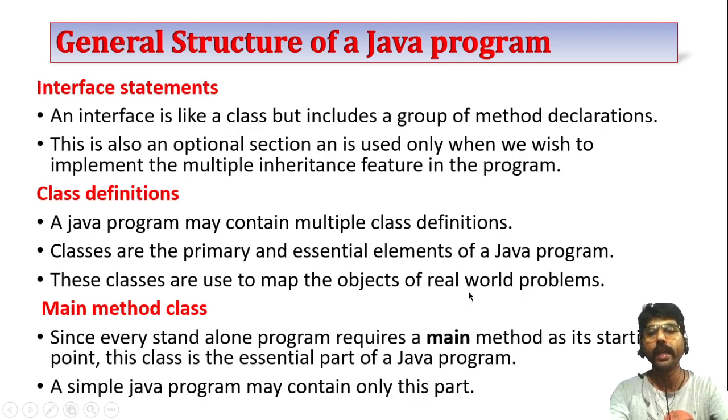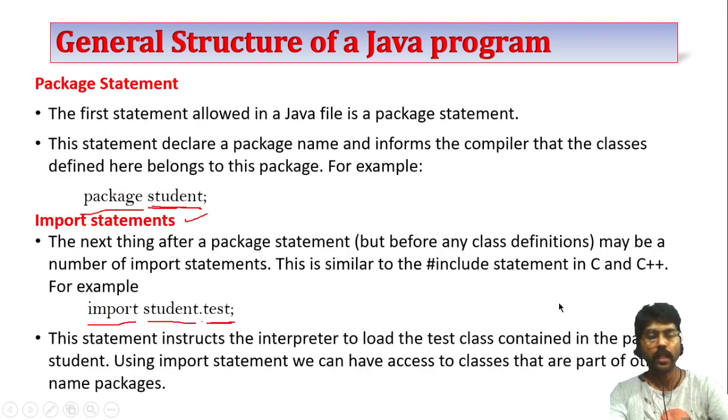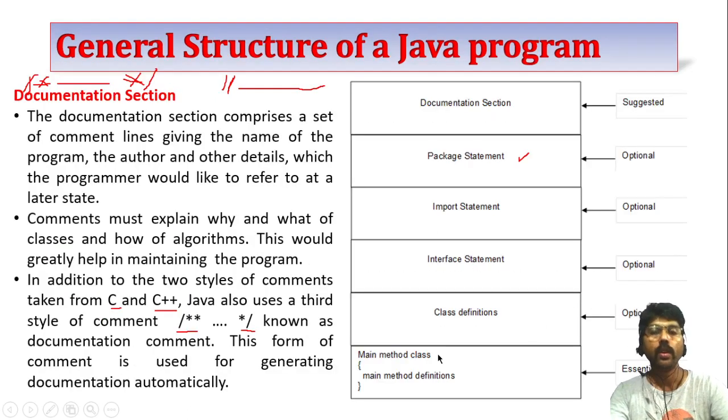So I need at least one class which contains the main method. So this is the essential part of the Java program. What I am trying to say here is that the main method class is the essential part, meaning I need at least one main method class. And all the others are actually optional parts. If you need them in your project, you create them. Otherwise, you just leave them. So I can write a simple Java program using a main method class.